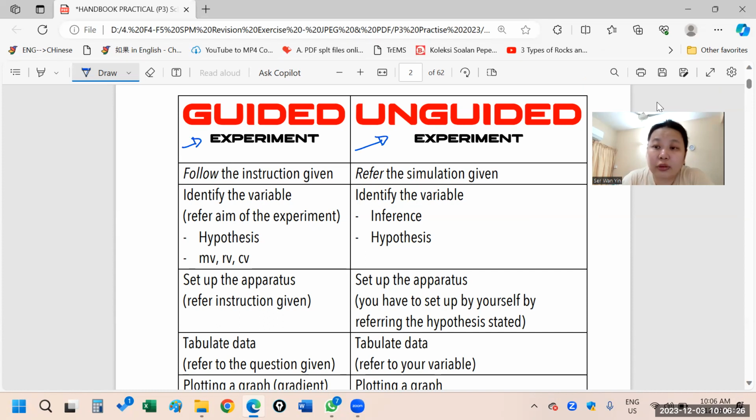Guided means they give you a diagram, they give you step 1 to step 6, then you just follow. What is unguided? They give you a diagram, maybe the real diagram or not, then you write your steps. Actually, unguided also doesn't matter, just 4 sentences can make the procedure ready.